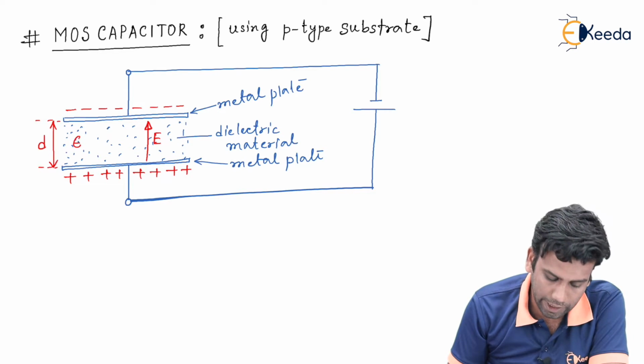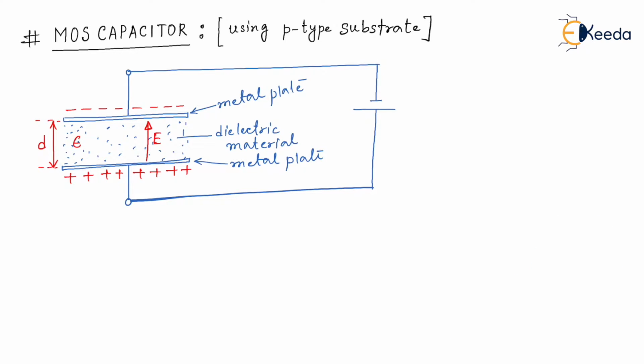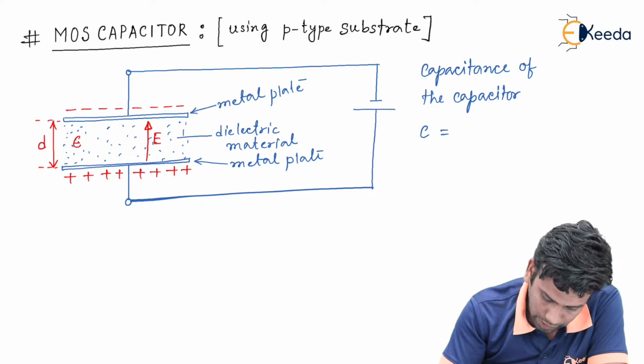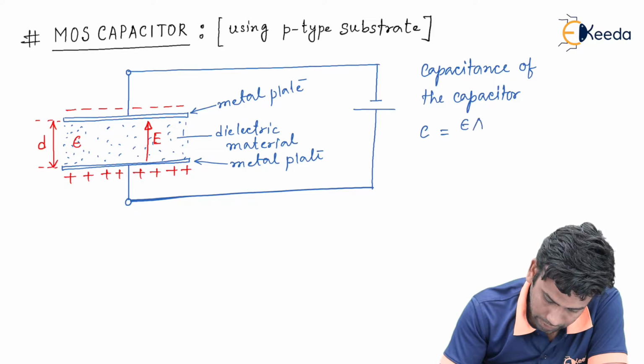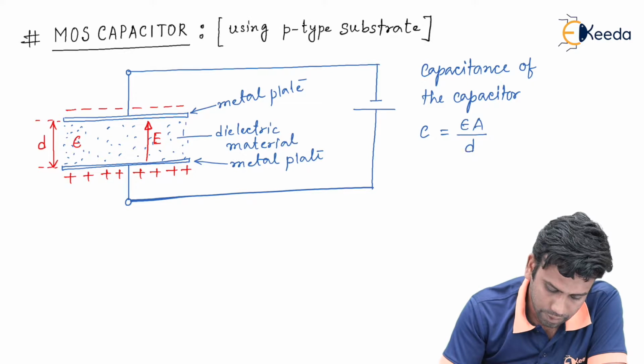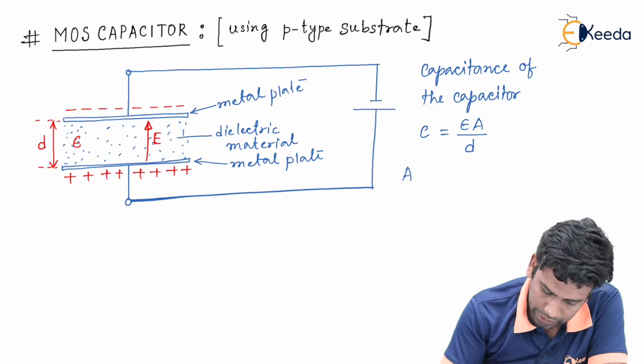If the distance between the two metal plates is small d and epsilon is the permittivity of the dielectric material, then the capacitance of the capacitor will be capital C equals epsilon A by d, where A is the cross-sectional area, or the area of the metal plate.